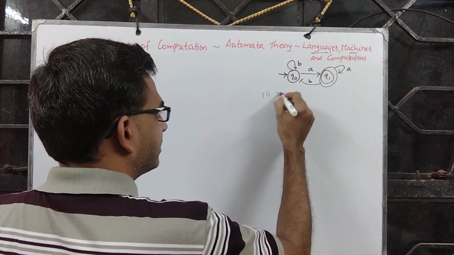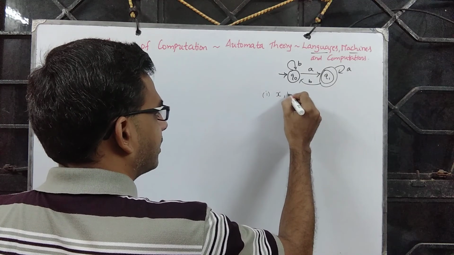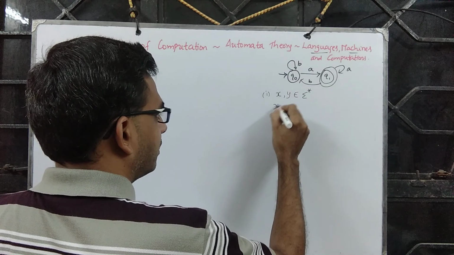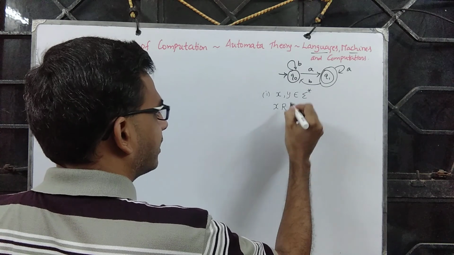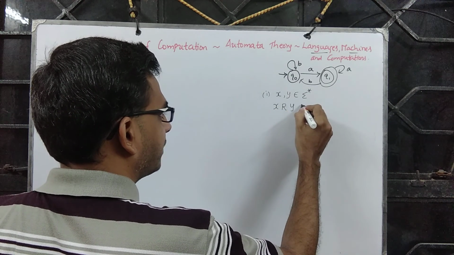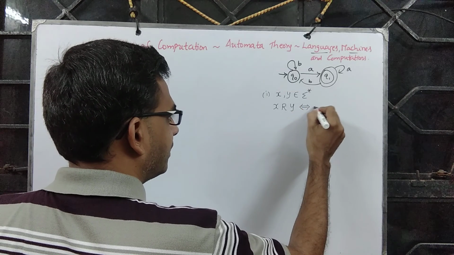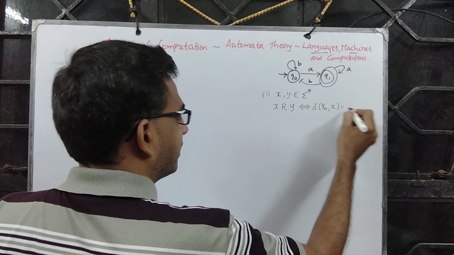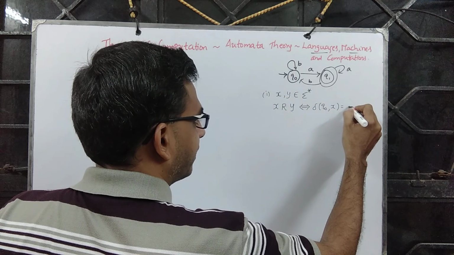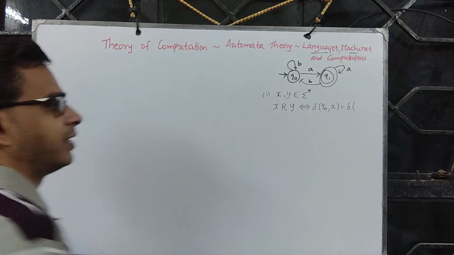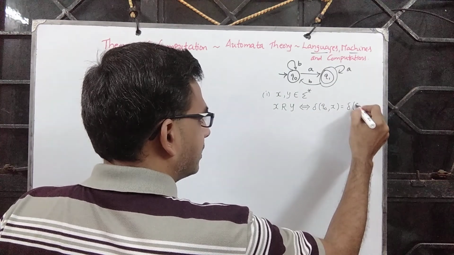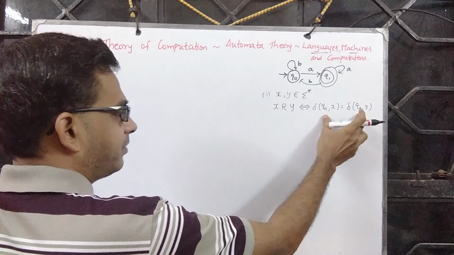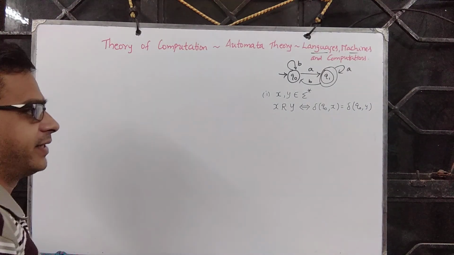The relation says that for strings x and y belonging to sigma star, x is related to y if and only if, starting from q0, the state at which the automaton is on completing x is the same as the state on completing y.